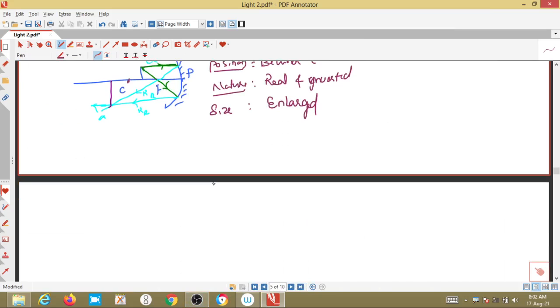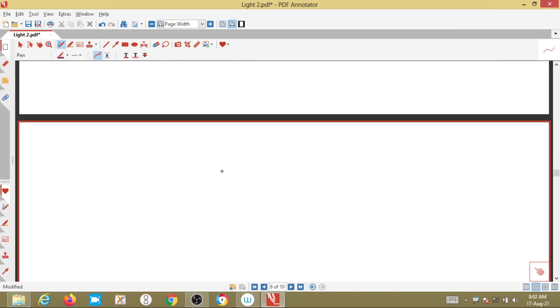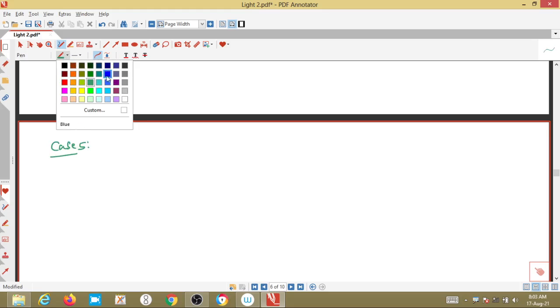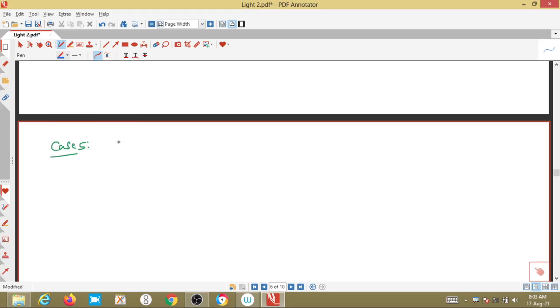Now we will go to the next case, case number 5. We will see when the object is placed at F, the focus.